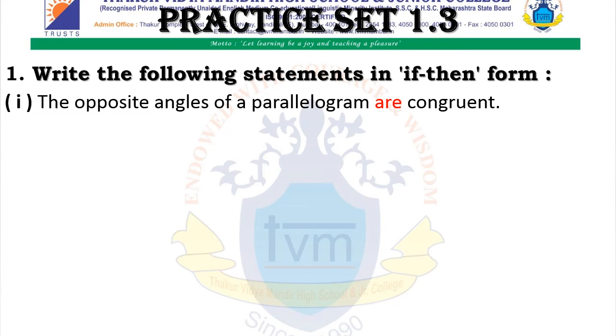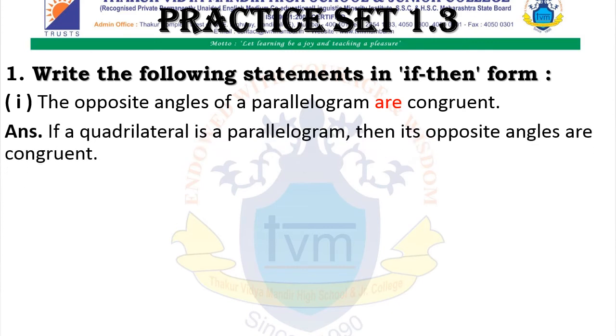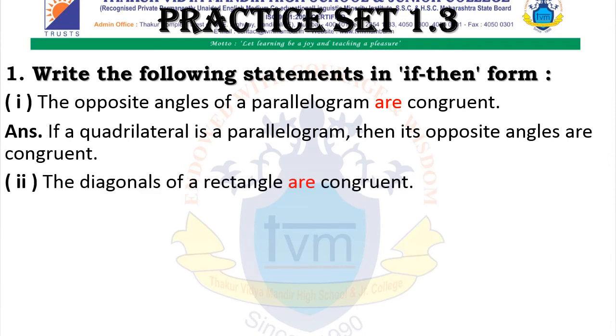So what is left now other than this? Parallelogram. So parallelogram is the antecedent of this statement, which means this will follow the word if. So let's see here. If a quadrilateral is a parallelogram, then its opposite angles are congruent. Correct?